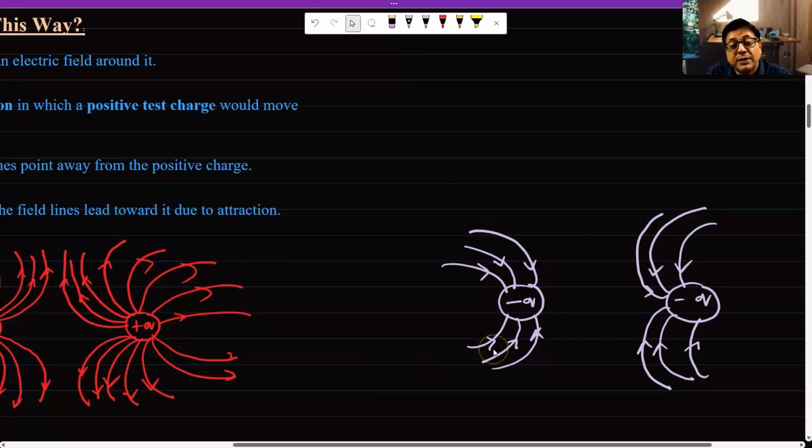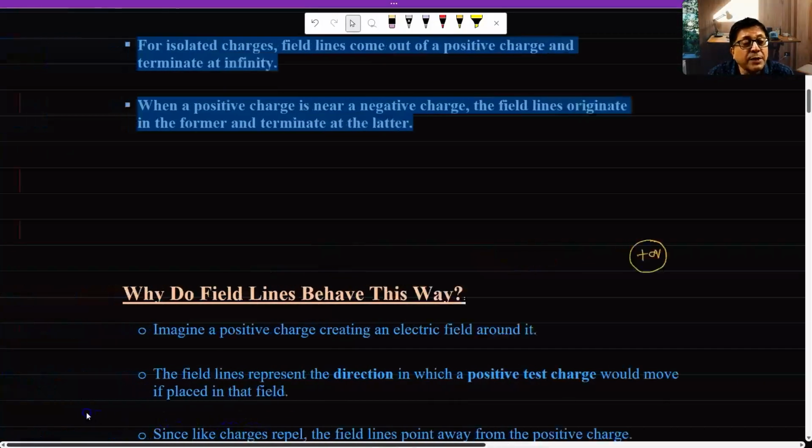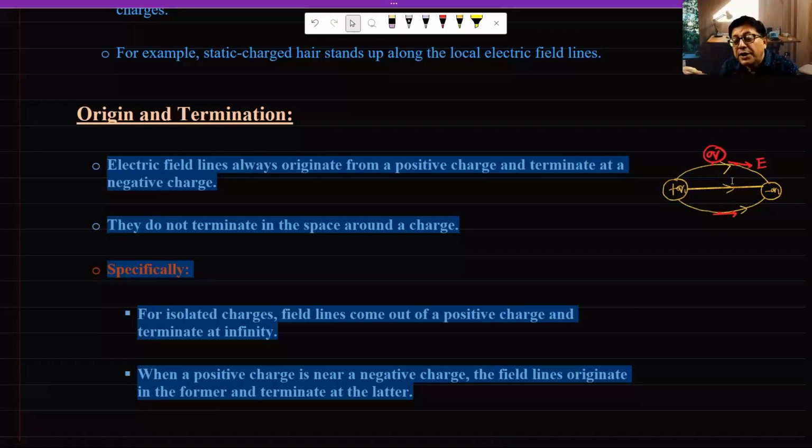So here the length of lines of forces seems that going to be increased. But in this case, when we have taken one positive and one negative charge, it seems that the lines of forces, the field lines, are trying to contract. It is due to their attractive property.